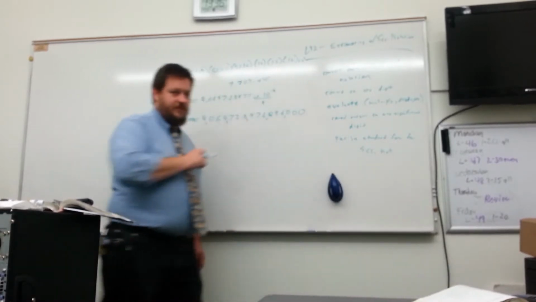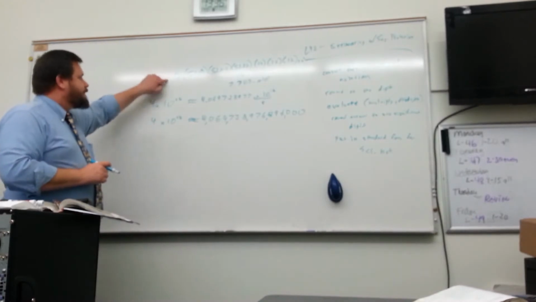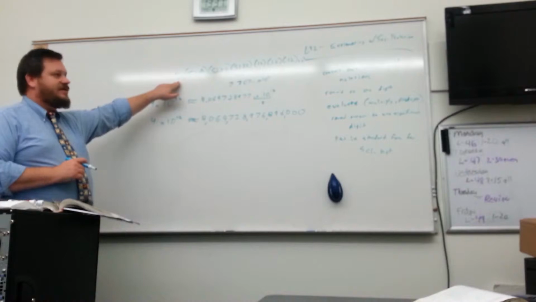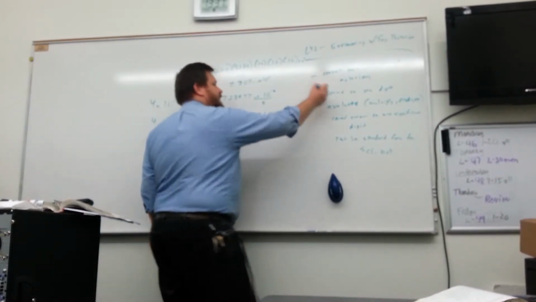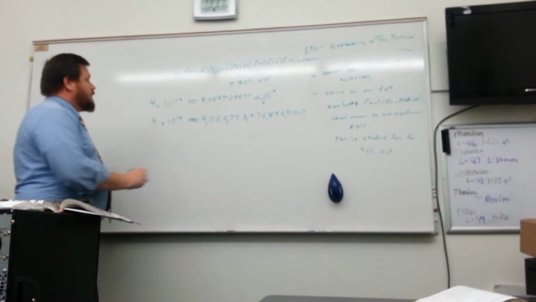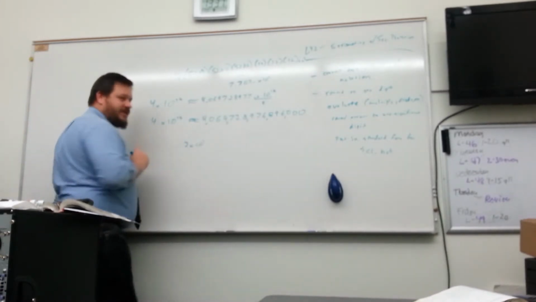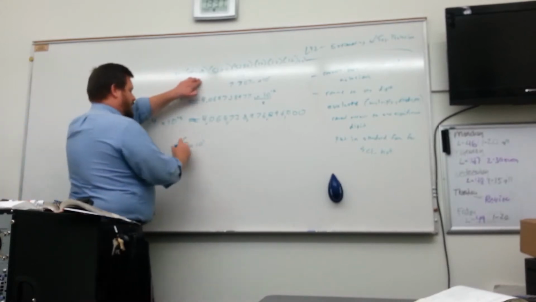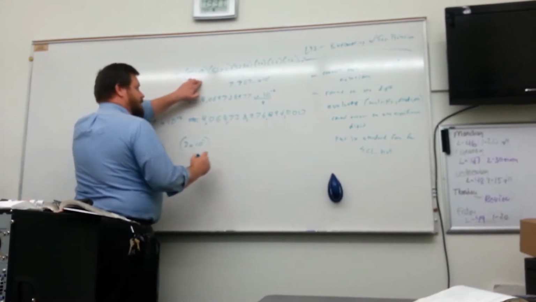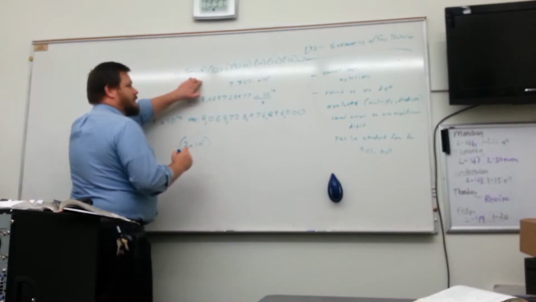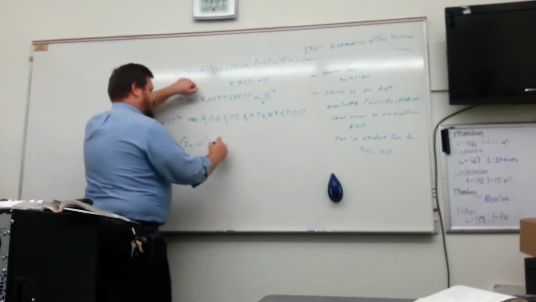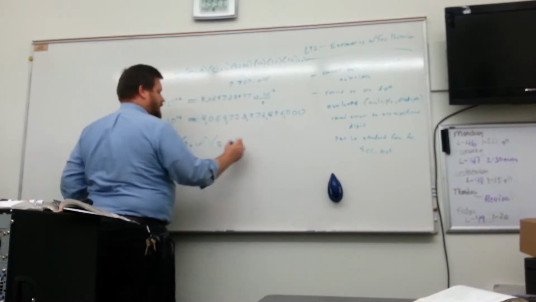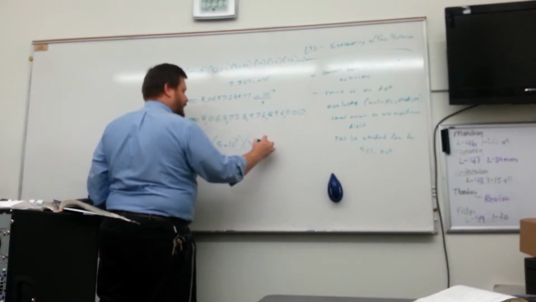So in this particular problem, we have 16. If we round that to one digit and convert to scientific notation, whichever order you want to do it in, that rounds to 2 times 10 to the first. 5280 rounds to 5 times 10 to the 3.